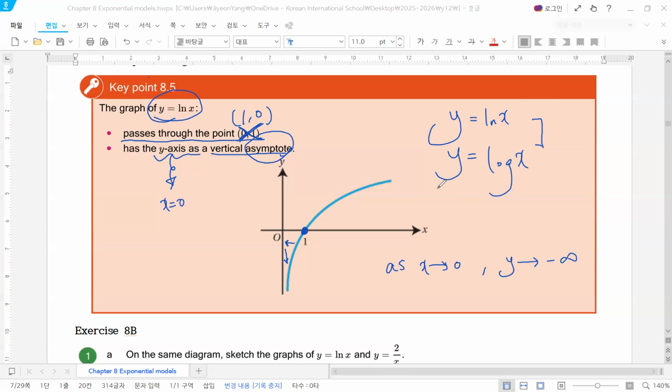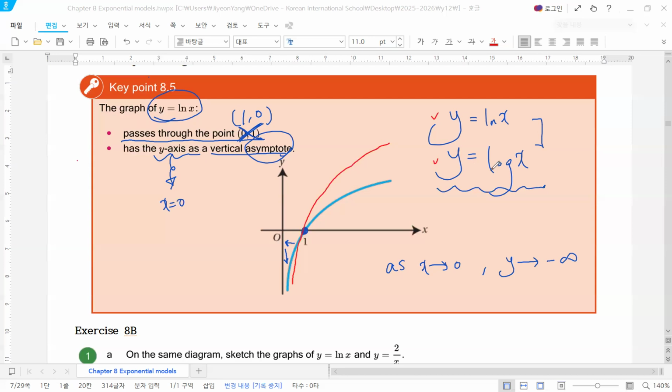And when you draw this graph, y equals log x, I am going to draw one graph in this way. Okay. So please tell me which one is the red one, the first one or the second one? I drew two graphs, right?